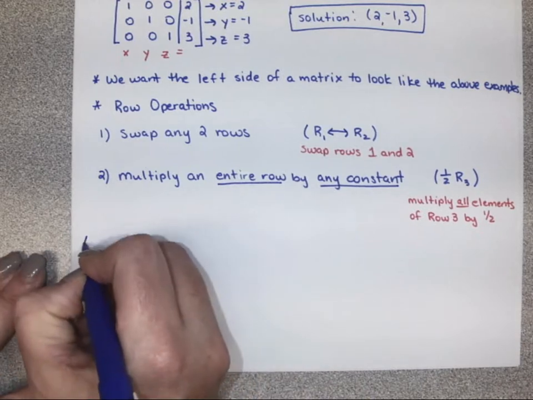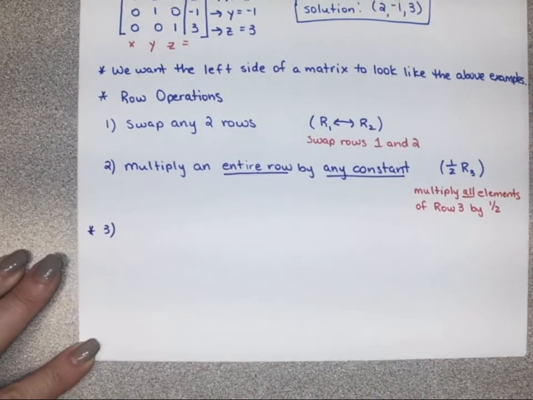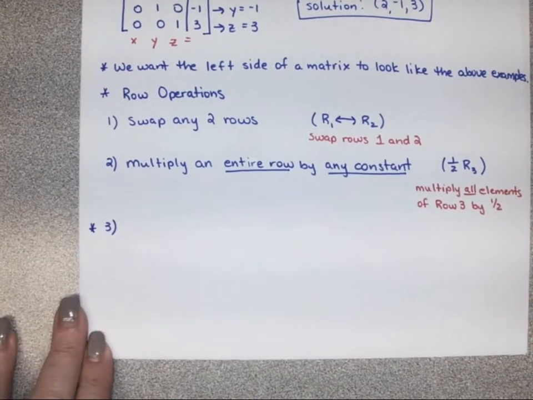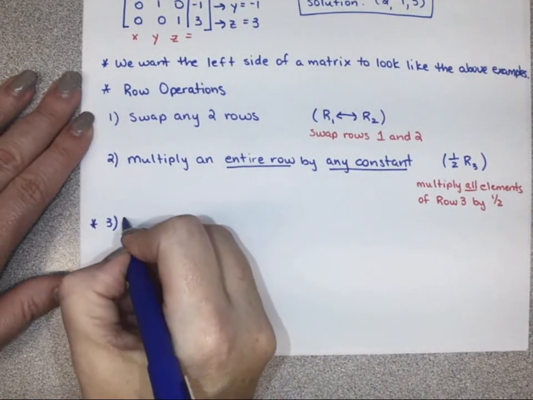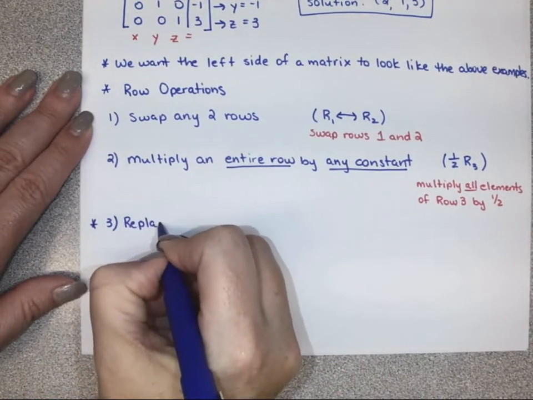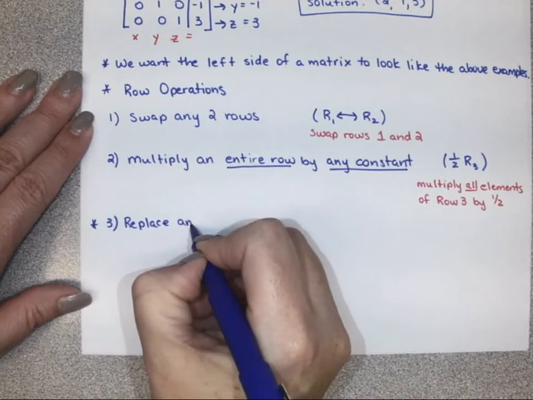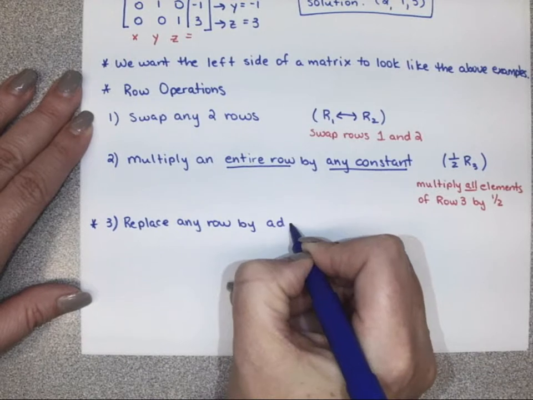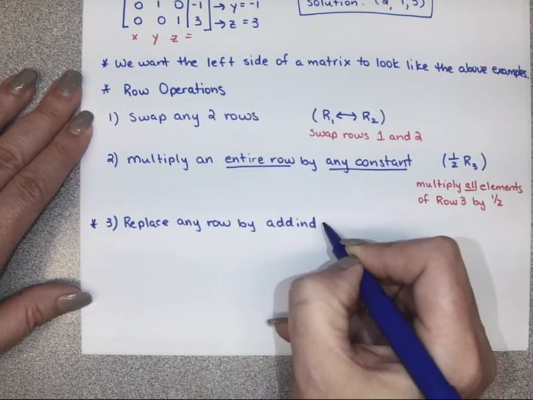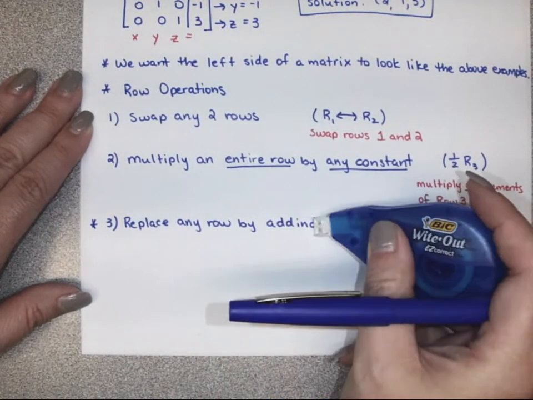All right, so I'm going to put a star by this next row. It's maybe the hardest to explain, but it's also going to be one of the most often used row operations. So you're also allowed to replace any row by adding a multiple of another row to it.